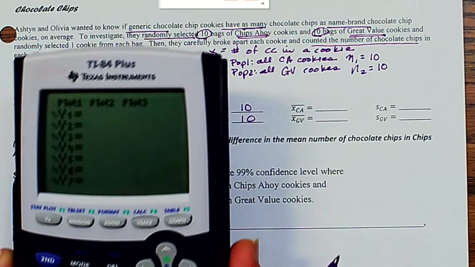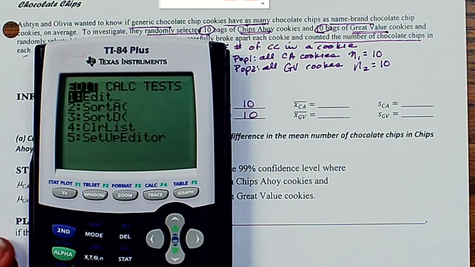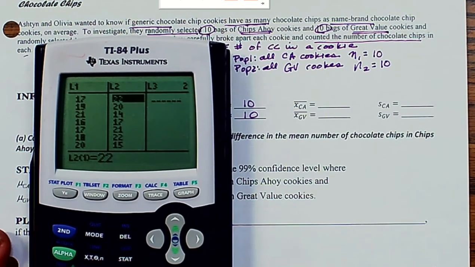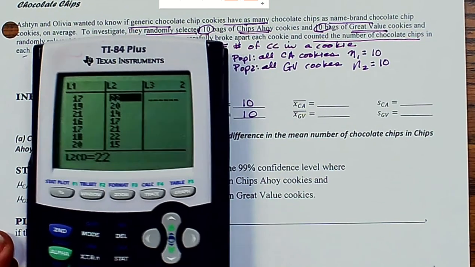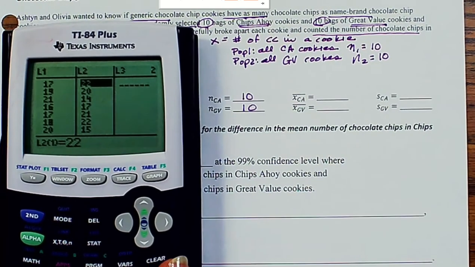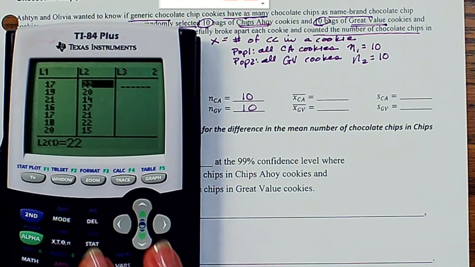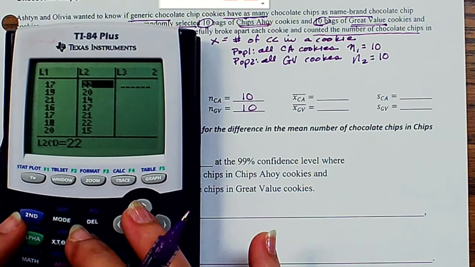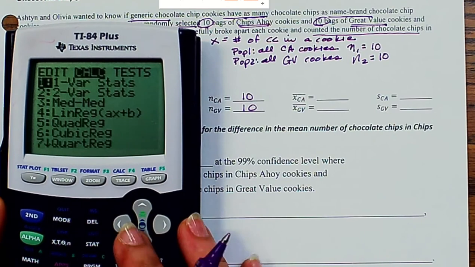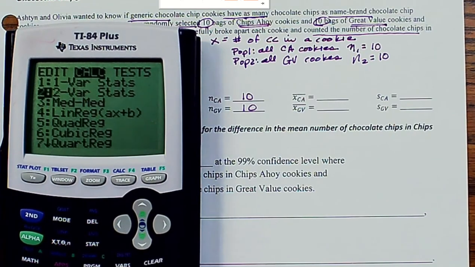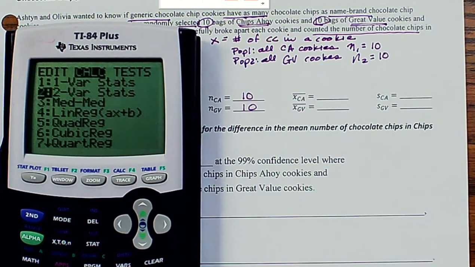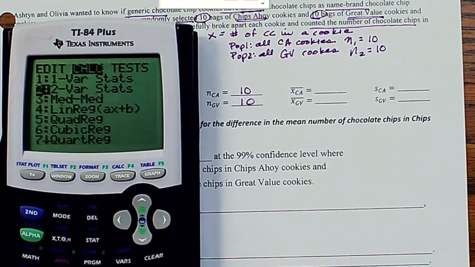I have in my calculator already entered this data as list 1 and list 2, and I would like to know the mean and standard deviation. So if we go back into stat and calculate, let's do two variable stats. We can get this information other ways, but this will work.